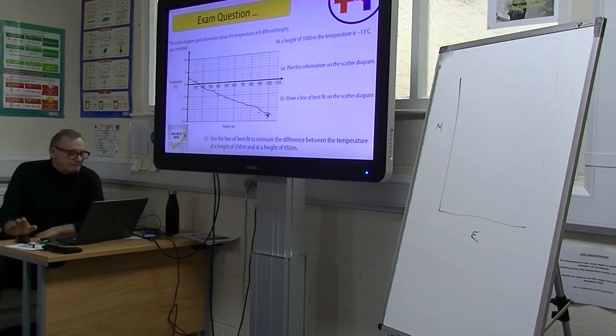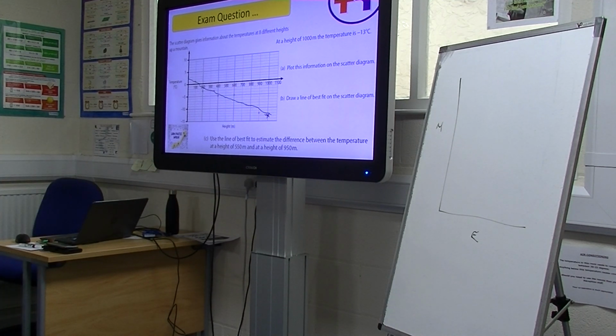Obviously I can't draw a perfectly straight line with that mouse. So you draw yourself a little line of best fit as close as you possibly can to all those. Everybody's will be slightly different, that's not a problem.